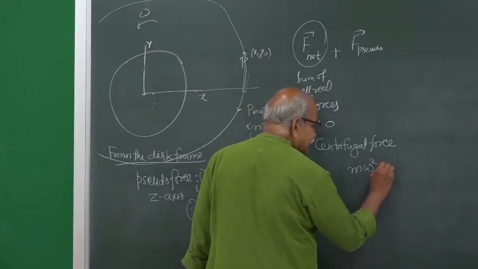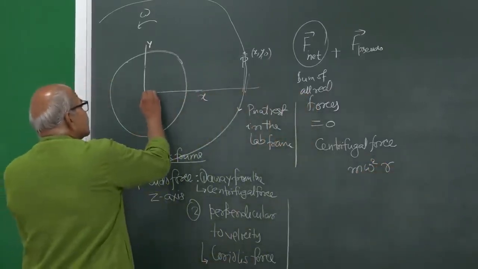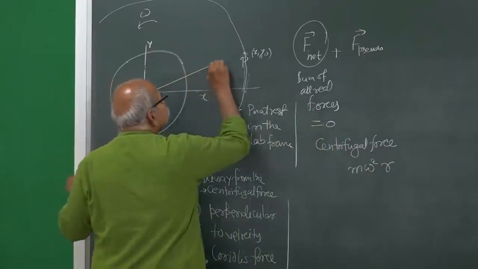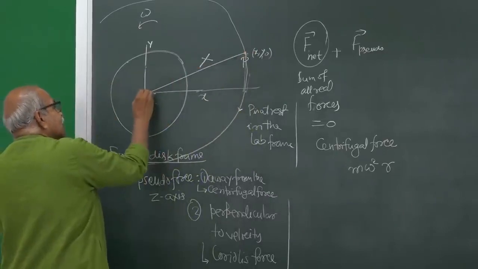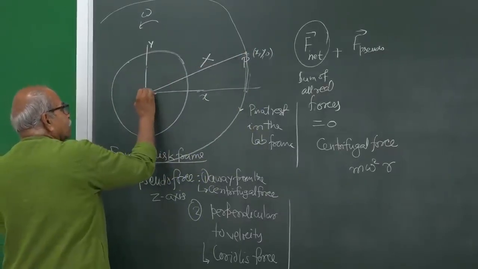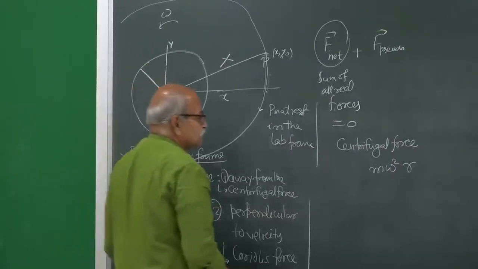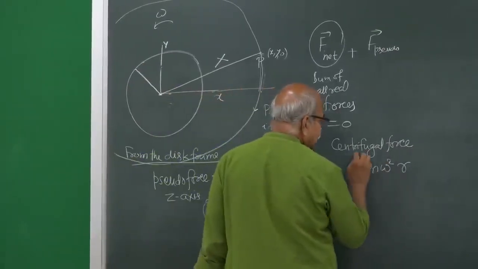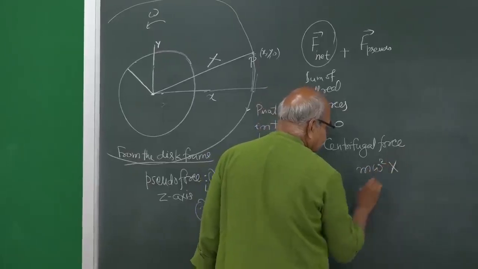What is the distance from the axis? Here is the axis, this one, let us call it capital X, and let us call this radius r. So, centrifugal force will be m into omega square into that capital X. Which direction? Outward.